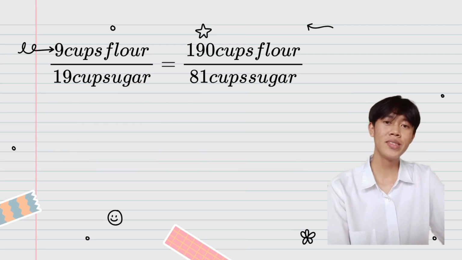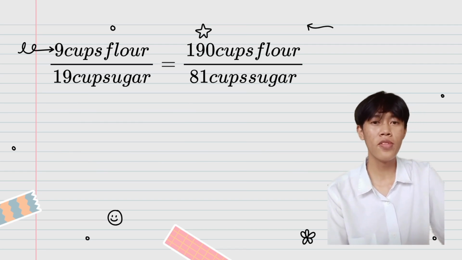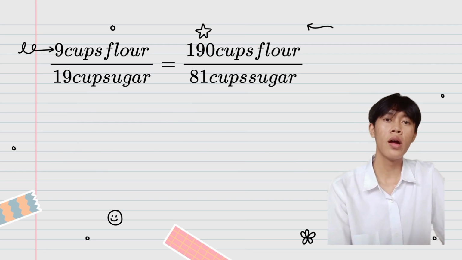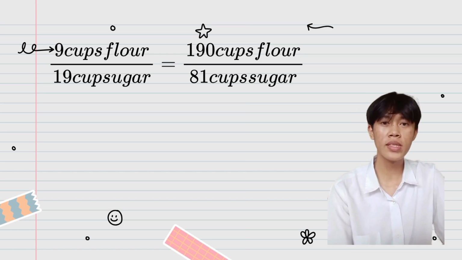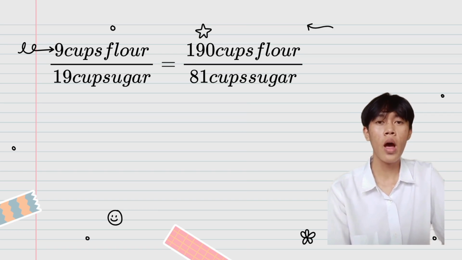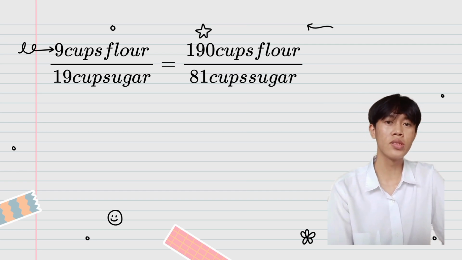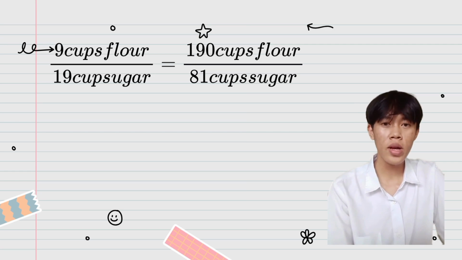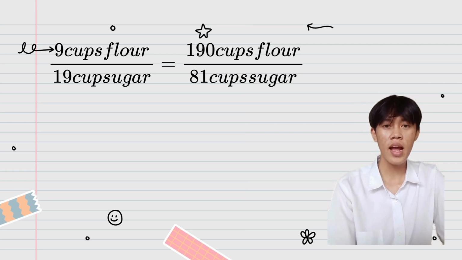What about this one? We have 9 cups of flour and 10 cups of sugar. We're asking, is this equal to 190 cups of flour to 100 cups of sugar? Again, just check your units. You have cups of flour and cups of flour in the numerator, and cups of sugar and cups of sugar in the denominator.